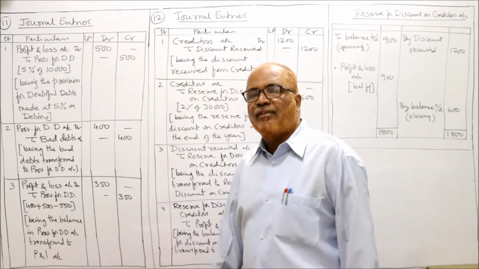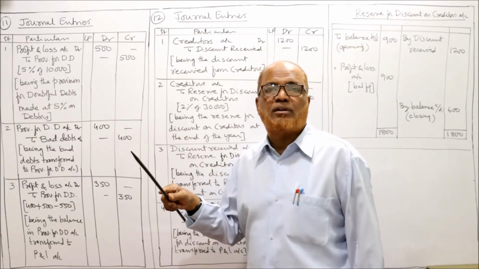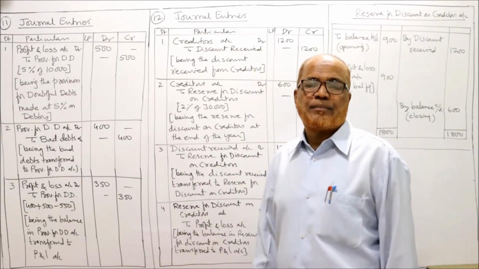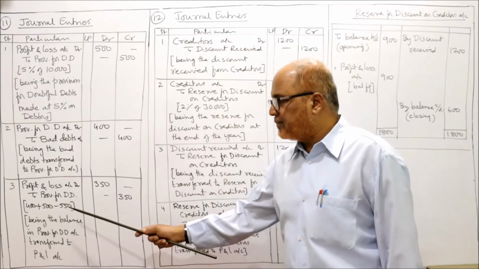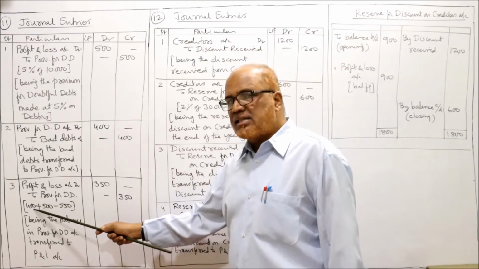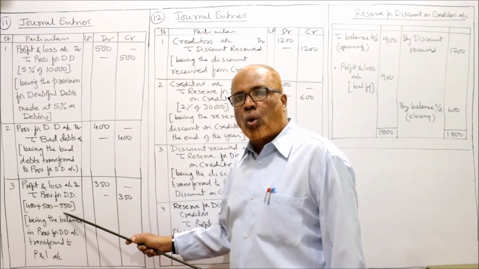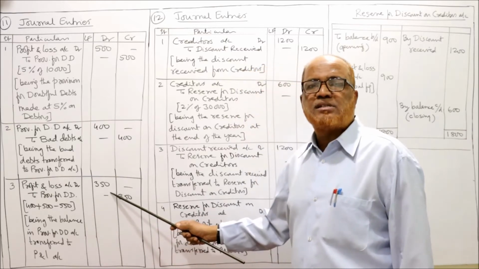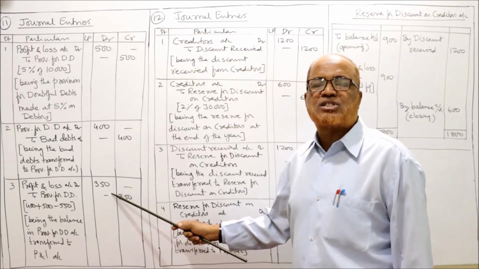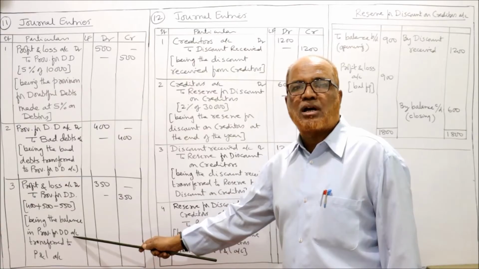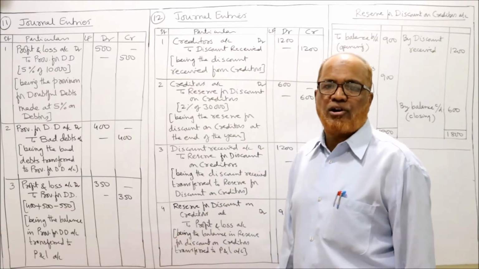And minus 550; 550 is the old provision which is coming from last year, the opening provision. So bad debts add new provision less old provision. So 350 rupees is the amount of provision for doubtful debts transferred to profit and loss account. That's all. These are the journal entries.